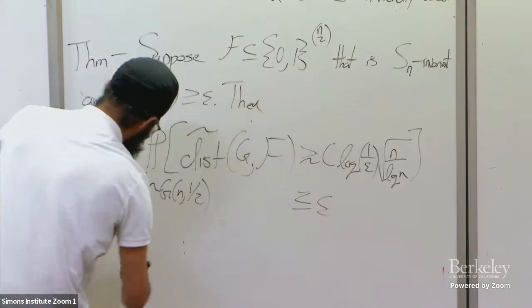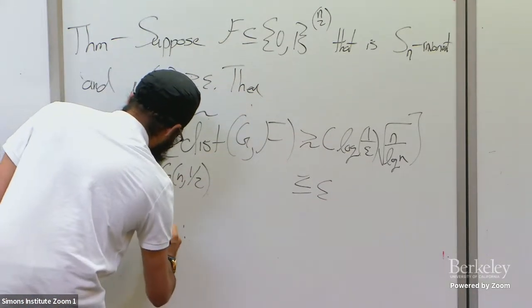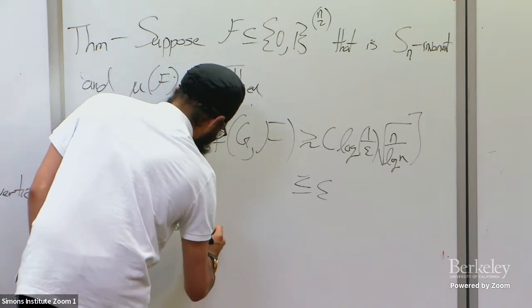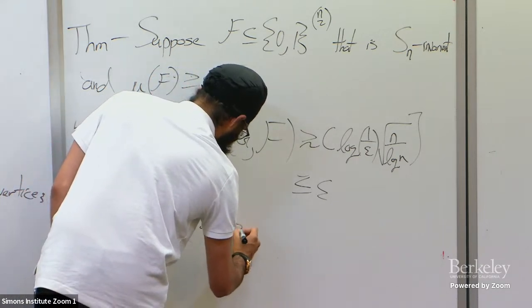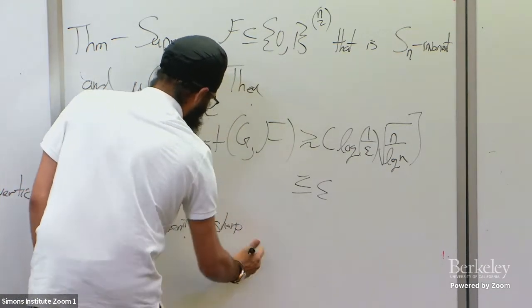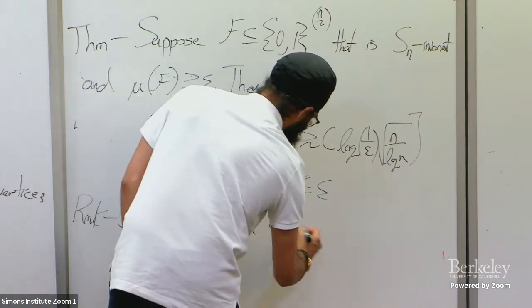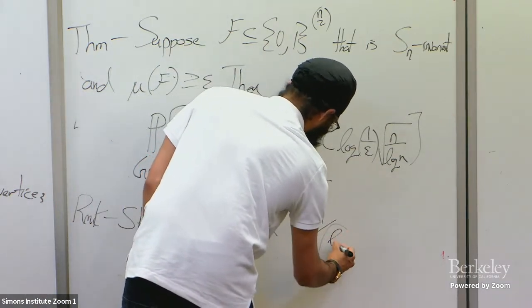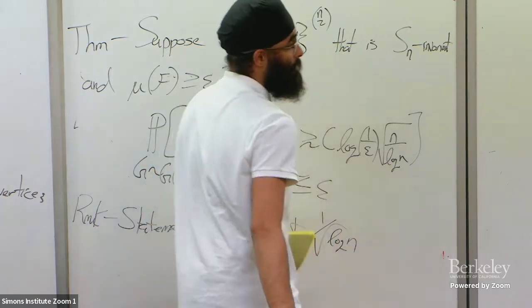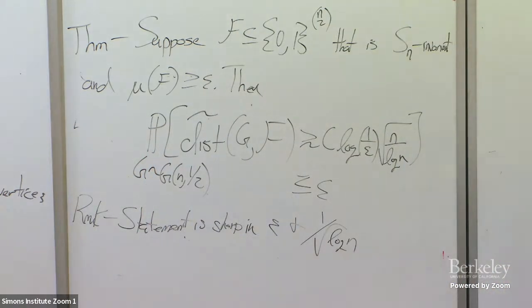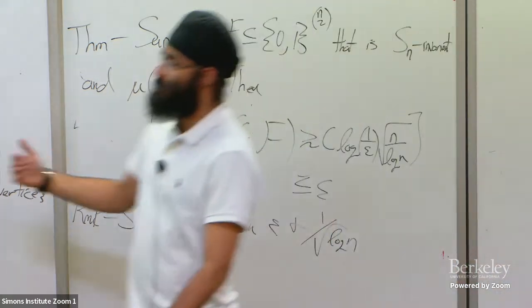This statement is sharp in epsilon and in the 1 over square root log dependence. And it comes from a rather natural example. What you do is you consider the set of graphs which have atypically high maximum degree.